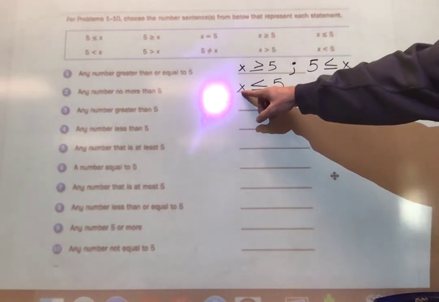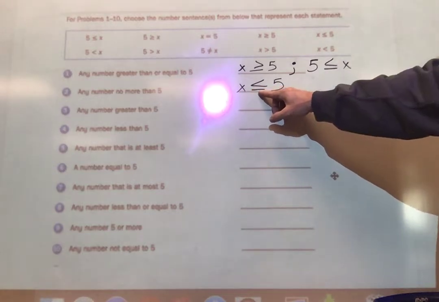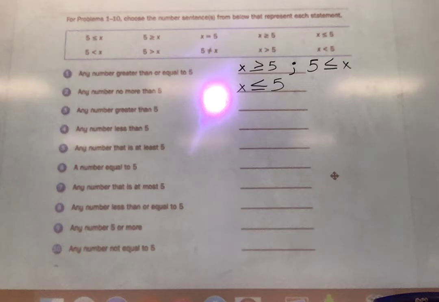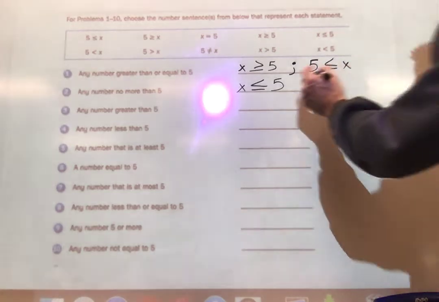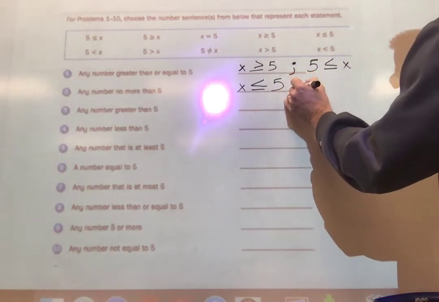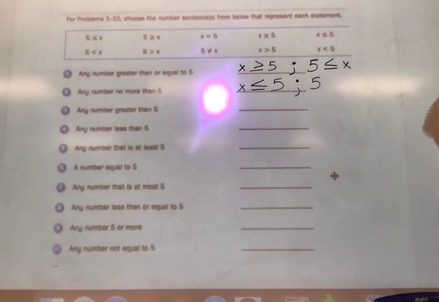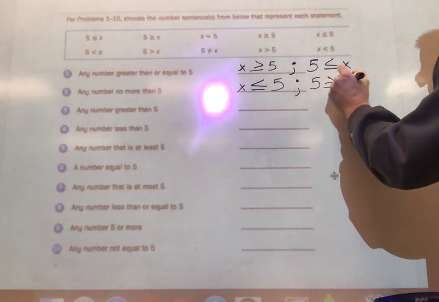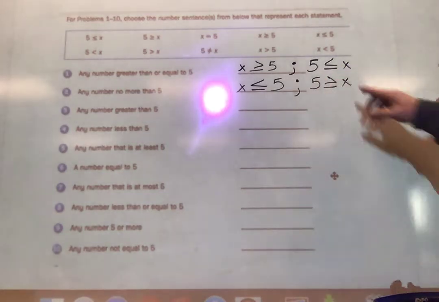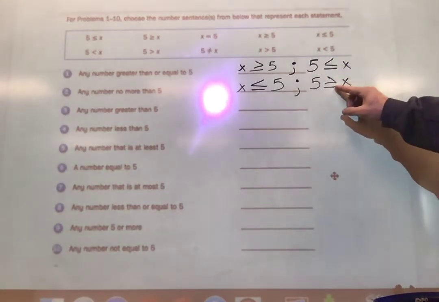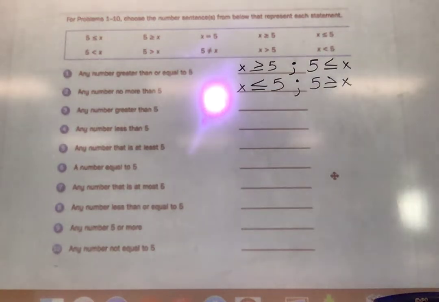And that would mean x has to be less than or equal to 5, because it can't be more than 5. It has to be smaller. All right, so this would also mean the same thing. If I flip them around here, if I had the 5, it's greater than or equal to x. All right, that still means x is smaller or exactly equal to 5. Both those mean the same thing.